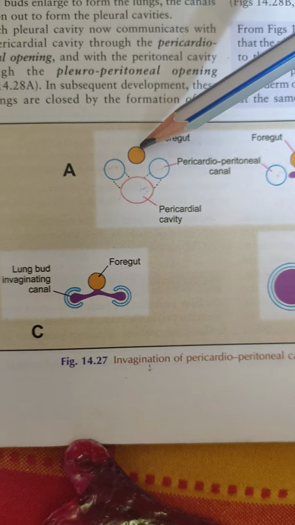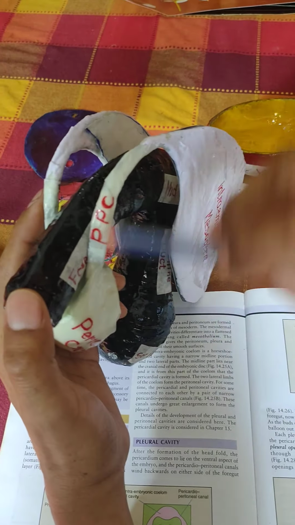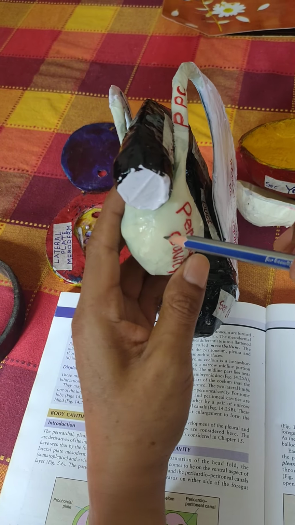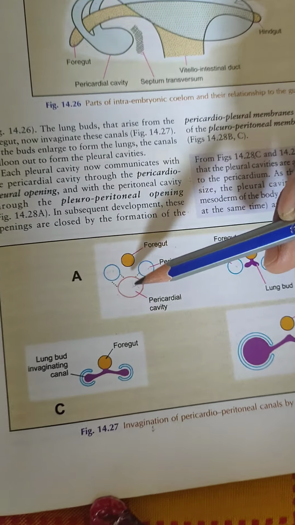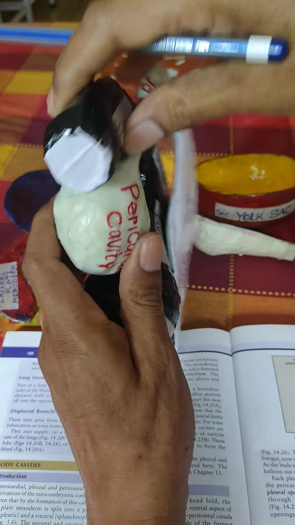So this is the foregut and entirely pericardial cavity. If we cut at this level, entirely this is the pericardial cavity, and posteriorly foregut.